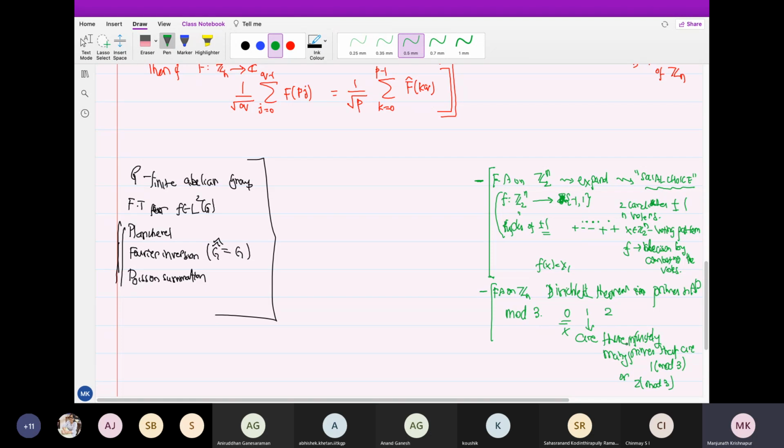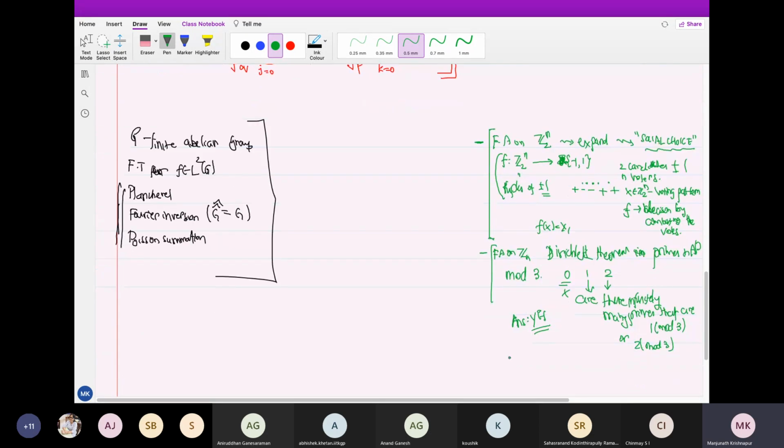In fact, one can ask a finer question: are there equally many primes which are 1 mod 3 and 2 mod 3? One would have to make sense of equally many, but the answer turns out to be yes. And that is what Dirichlet's theorem says. Not just for mod 3, you can take anything. You can take mod 6.